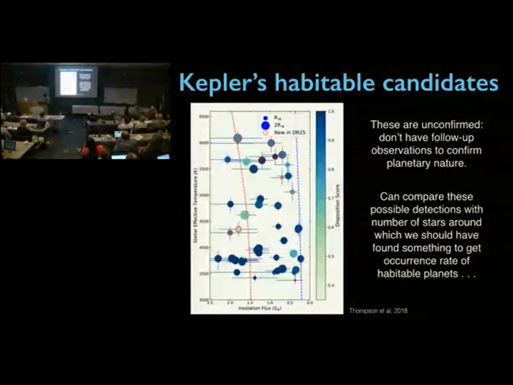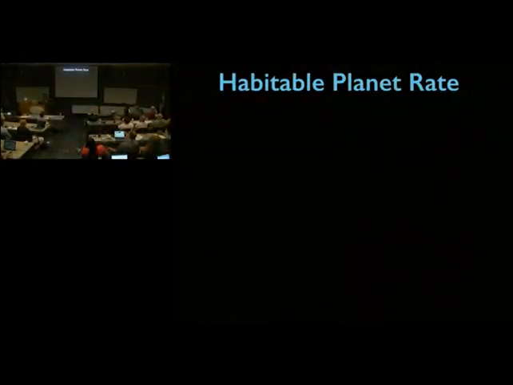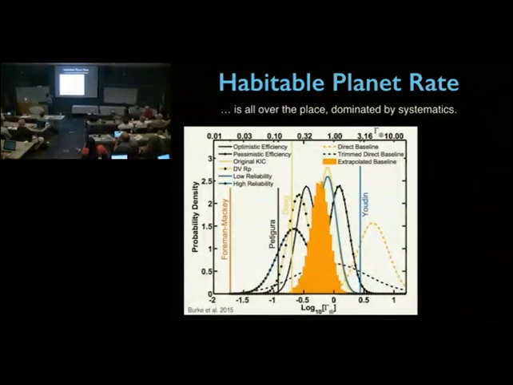And so if we compare what we do have here with the number of stars around which we should have found one of these kinds of planets, plus factoring in the likelihood of whether or not these planets exist, then we can get something like a habitable planet rate, okay? And right now, this rate is all over the place. It's dominated by systematics. So here we have an estimate of the rate. This is the habitable planet rate in some units that I don't want to go into. And then we have probability density, right? So this is a probabilistic statistical estimate.